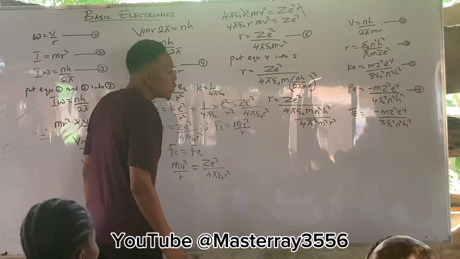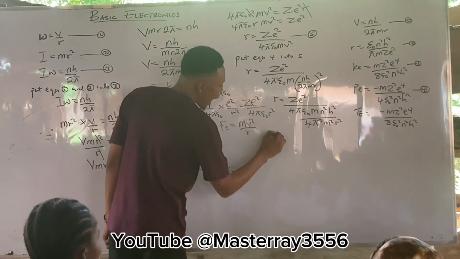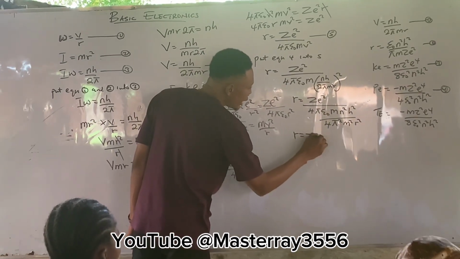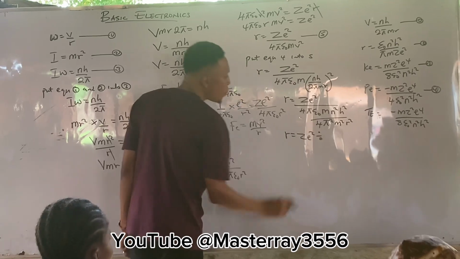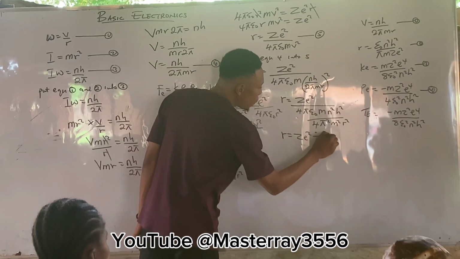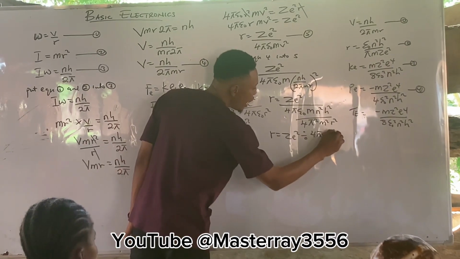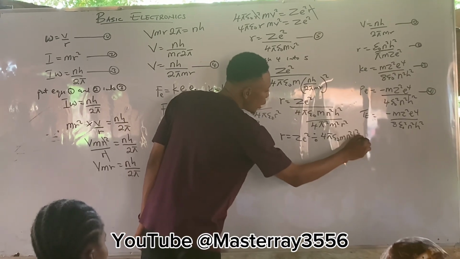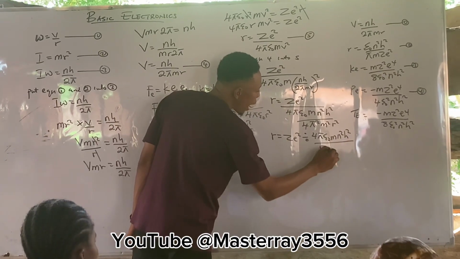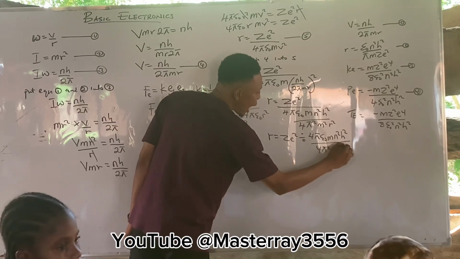Is it not? Yes. Now this one is taken as r equals Z² divided by 4πε₀m, n²h² over 4π²m²r².